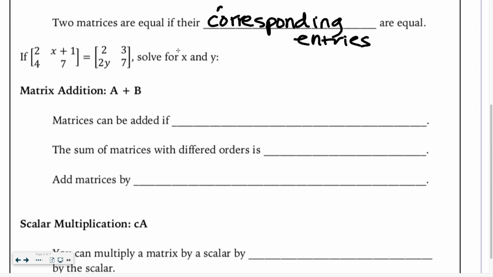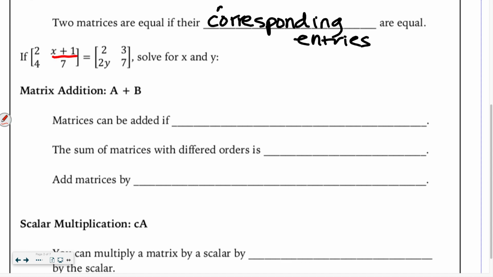What is x? What is y? If those matrices are set equal to each other. If I were doing a problem with matrix equality, I would focus on where my unknown is, what I'm trying to solve for.